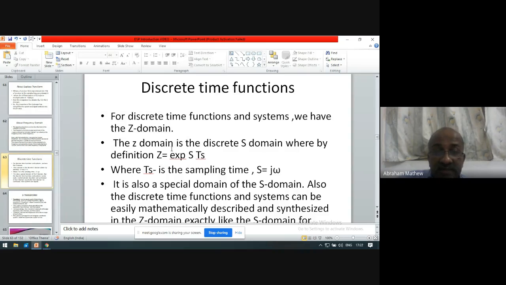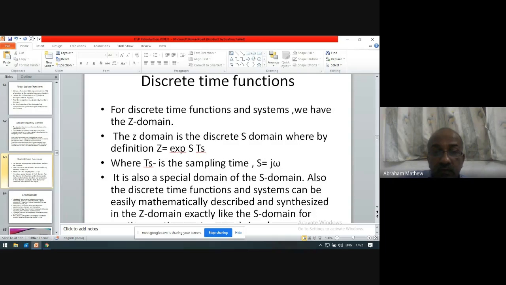The Z domain is nothing but the discrete S domain, which can be expressed as Z equals e to the power S Ts. What is this Ts? It is the sampling time. And S is nothing but j omega.